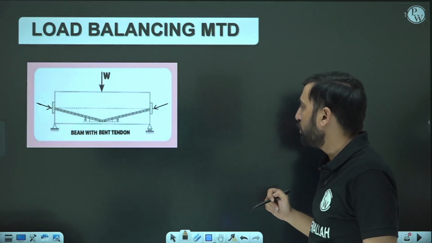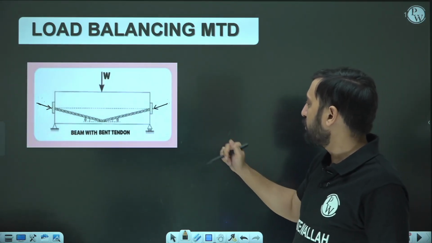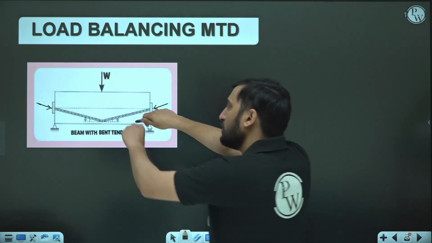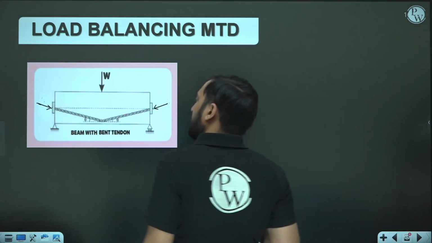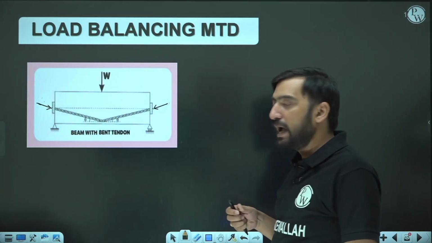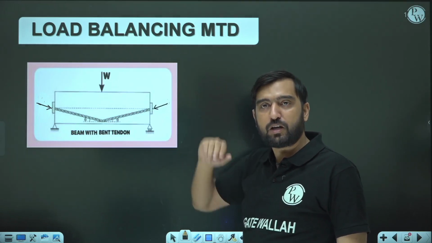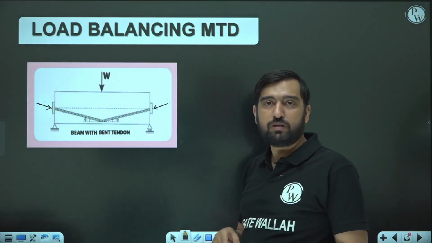But what we are going to do for such scenarios is stretch this wire and make it zero eccentricity. Due to this stretching, there would be an upward point thrust, so we need to know that point thrust.